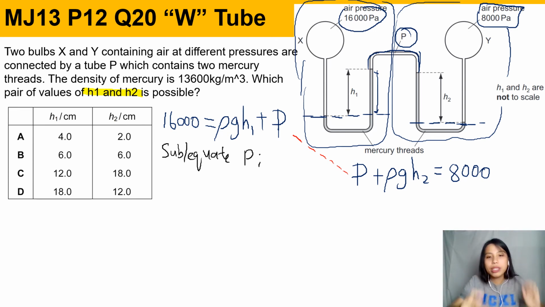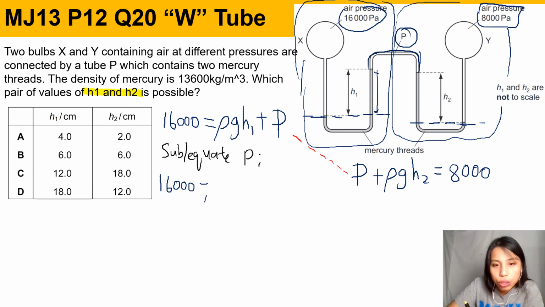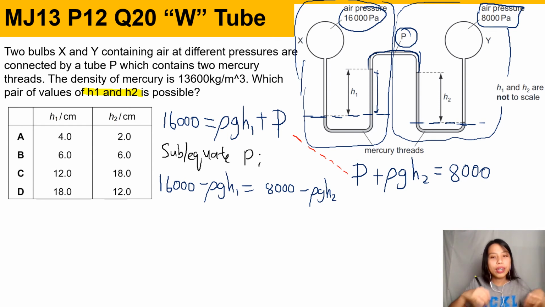So on one side I will have 16000 minus rho g H1 equals P, but P equals the other side, which is 8000 minus rho g H2. I skipped a step: I rearranged to solve for P, then equated both of them. So now I can do some fun stuff already.